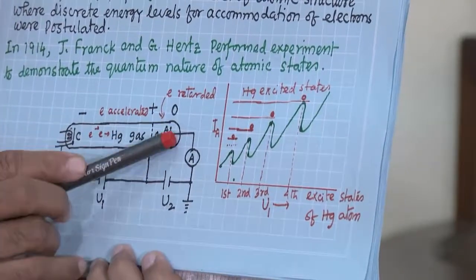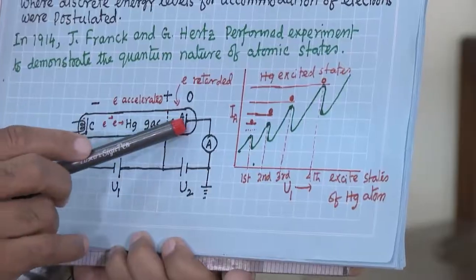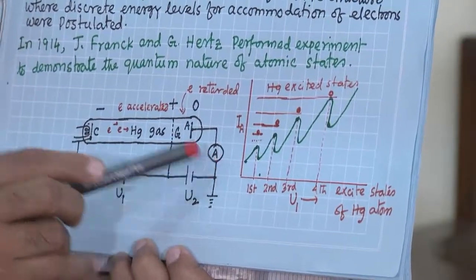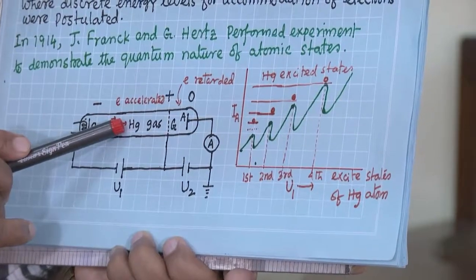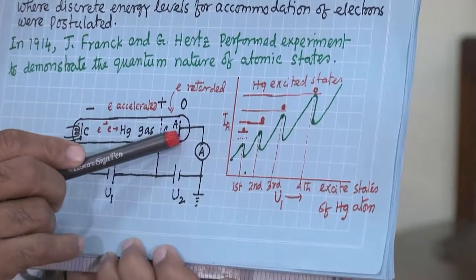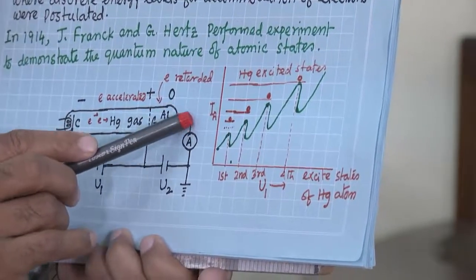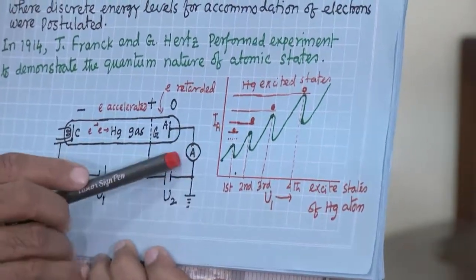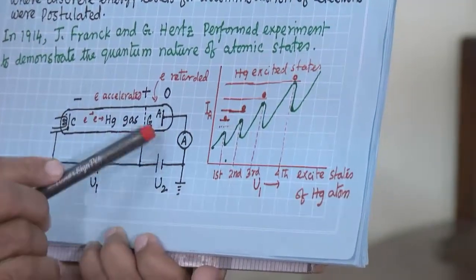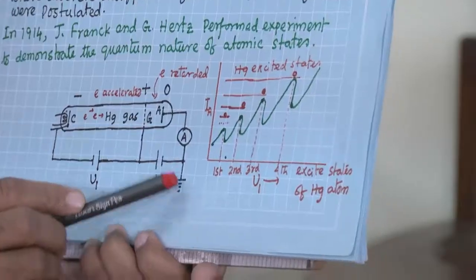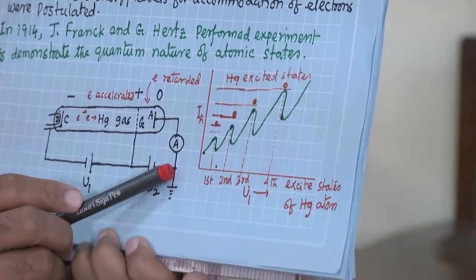The cathode is generally the negative terminal and the anode is the positive terminal. The electrons will reach the anode, and we will get some current because of the flow of electrons through the anode. That is called the anode current.